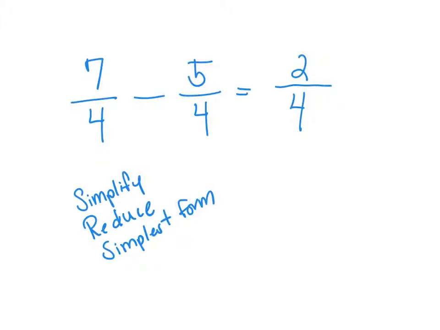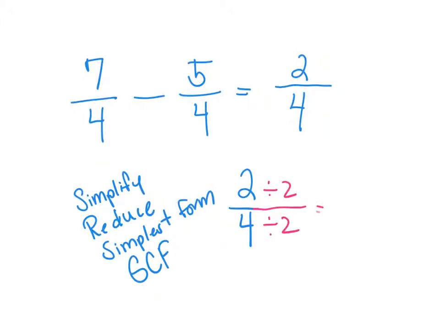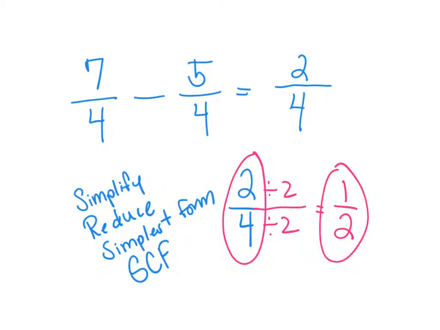That means, again, that GCF that we spoke about, the greatest common factor. If we take 2/4, what is the greatest common factor that 2 and 4 share? The greatest common factor that they share is 2. So we're going to divide the top and the bottom by 2 to get a half, because 2/4 and a half are equivalent fractions.